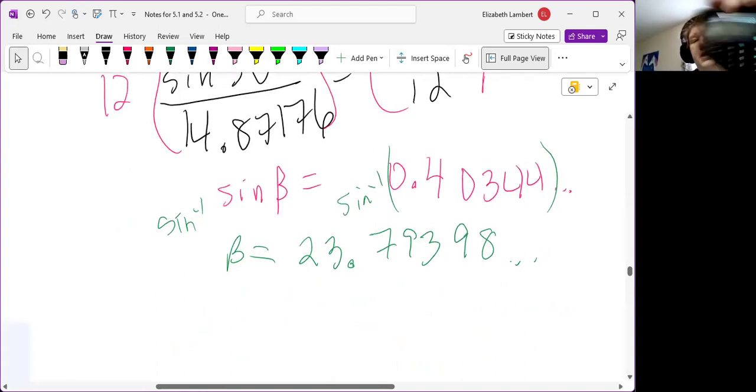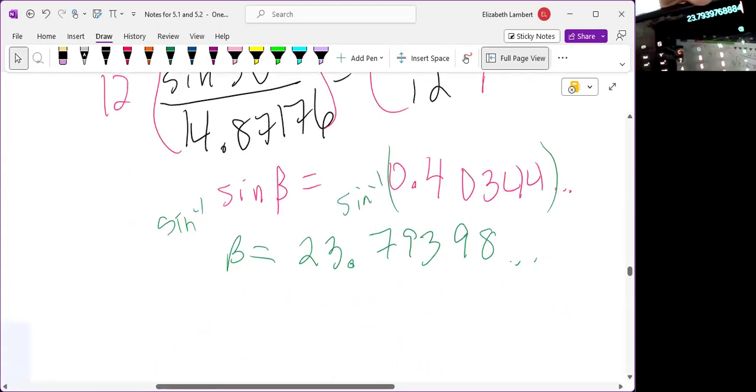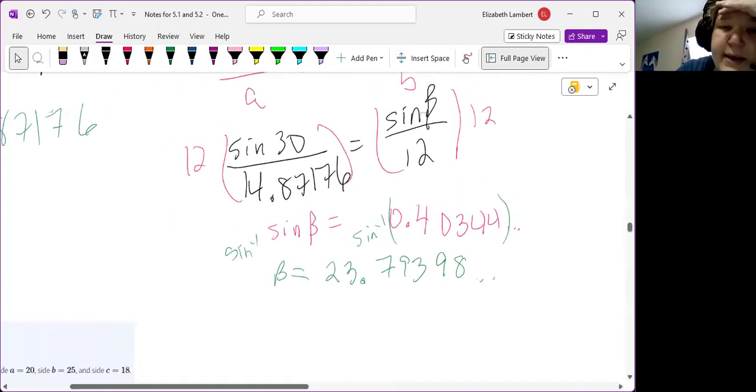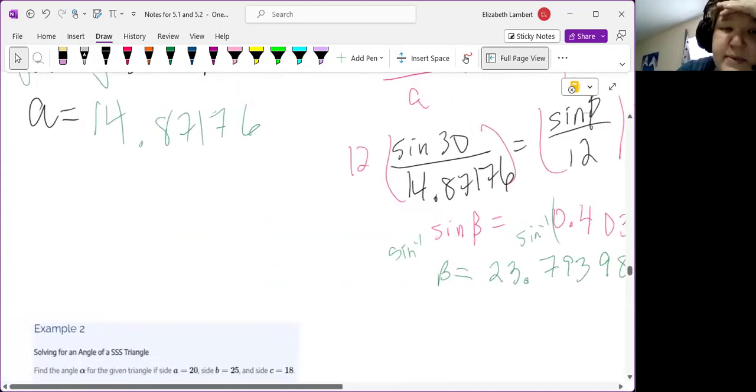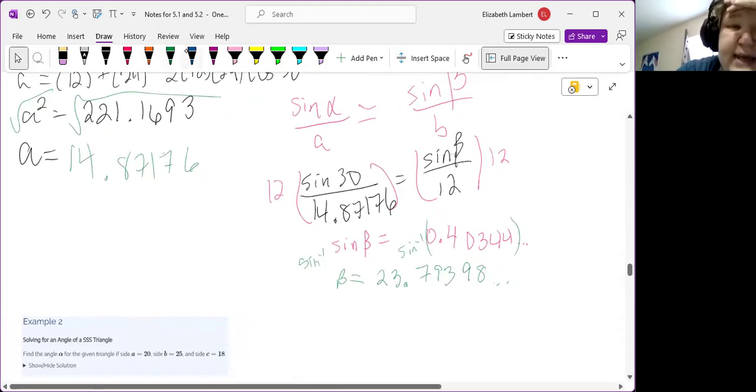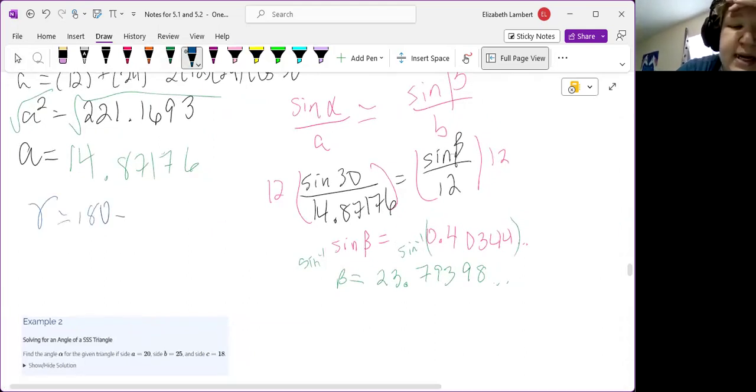Okay, got that, but I rounded, whatever. Right, so we got A, we got beta, so now we can get gamma. 180 minus 30 minus 23 point, blah, blah, blah.